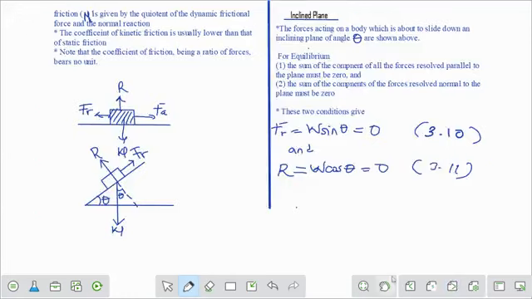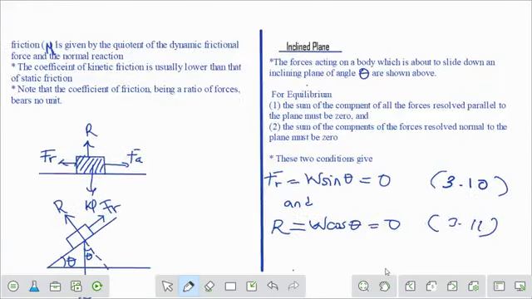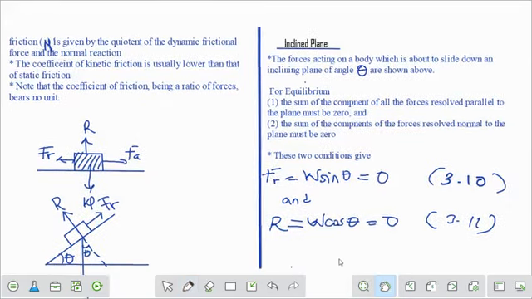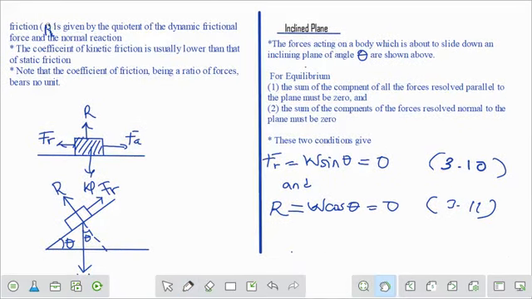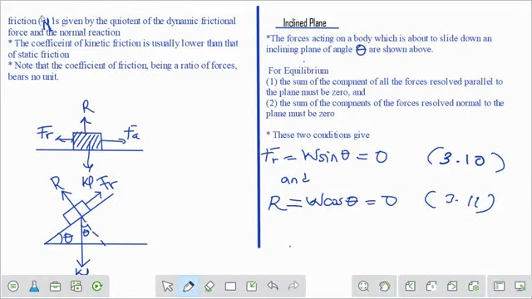The coefficient of friction mu is given by the quotient of the dynamic frictional force and the normal reaction.